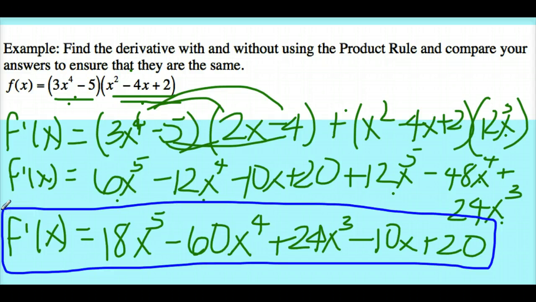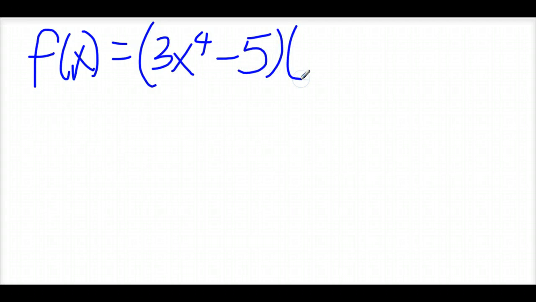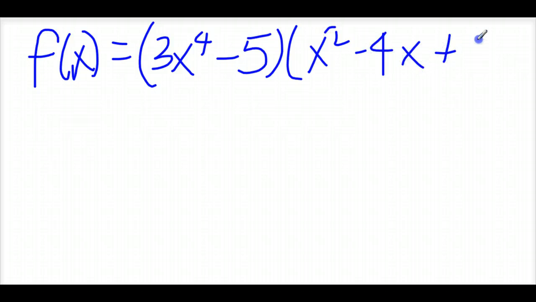So what I'm going to do is copy this problem, but I'm going to do it on a new page. So I have f of x is equal to 3x to the fourth minus 5 times x squared minus 4x plus 2. If I'm not allowed to use the product rule, that's the only thing I can do to this function right now.